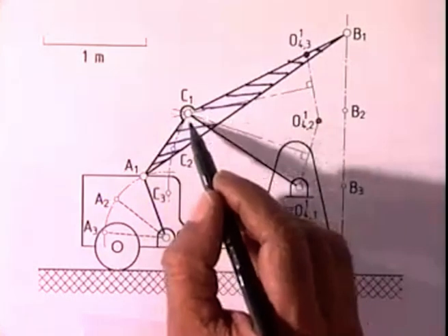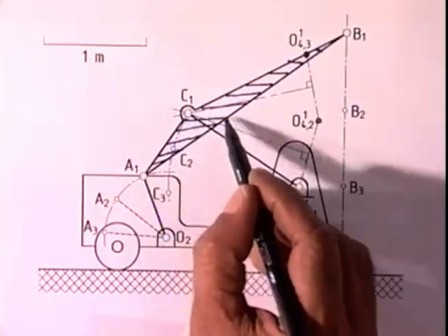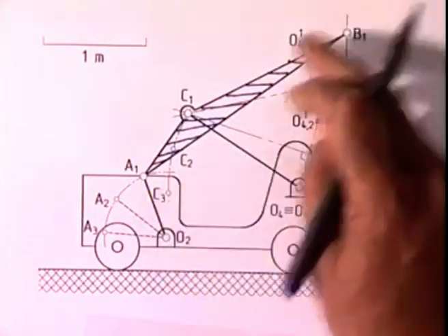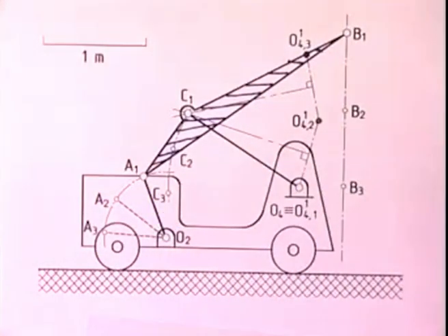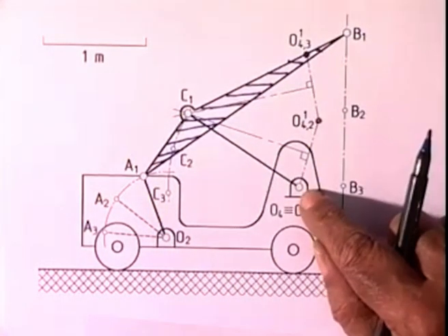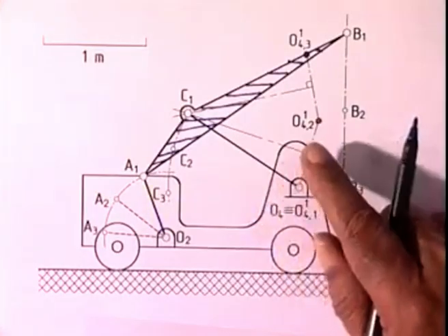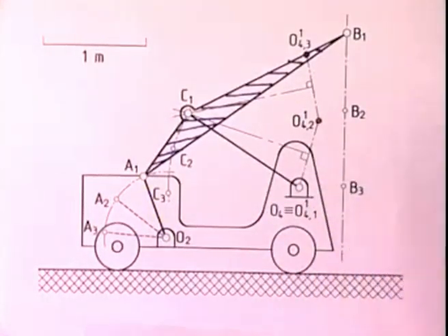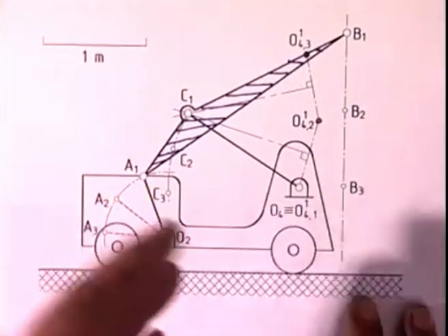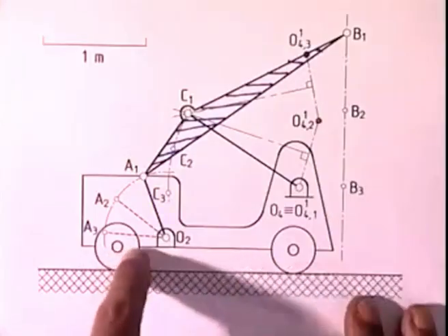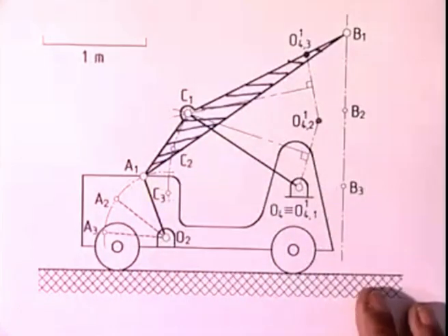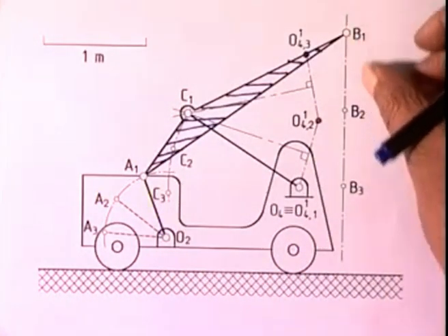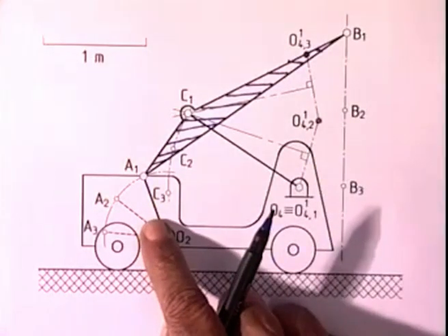Previously the coupler was almost a straight link, and now this coupler has become triangular in shape, but we have control over the fixed hinge O4 that I can choose conveniently on the body of the truck. So at the end of the second stage, either following the previous procedure or this alternative procedure, I can get to this 4-bar linkage with the coupler point movement coordinated with the input link.